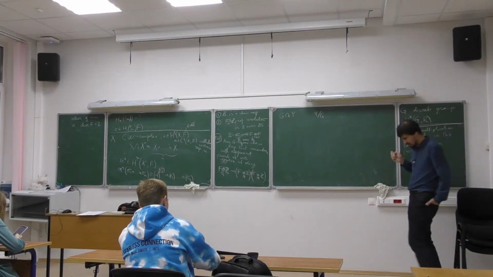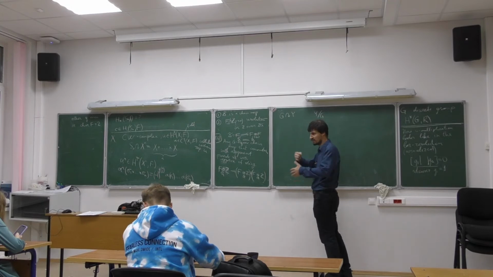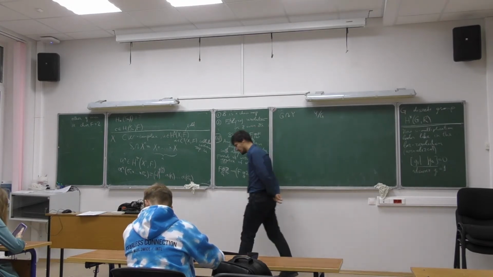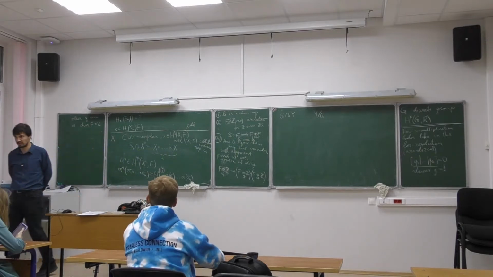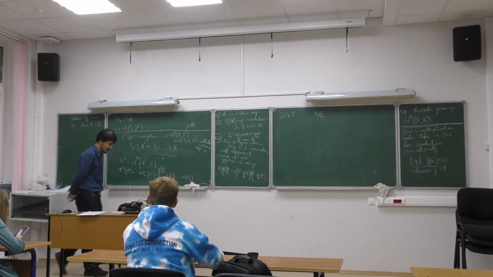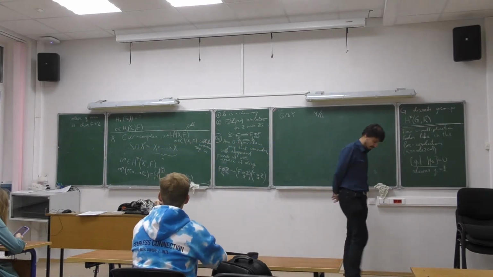This is not a very good example, since the action may have stabilizers, and taking the quotient can give a not very good space, and it is not convenient. It is much more convenient to have free actions.